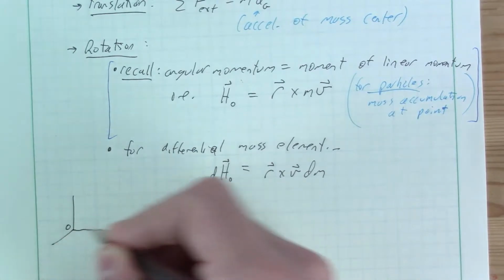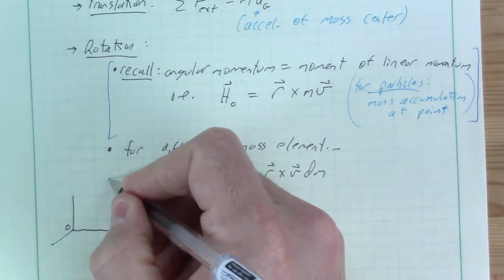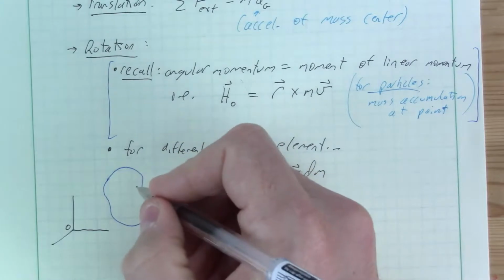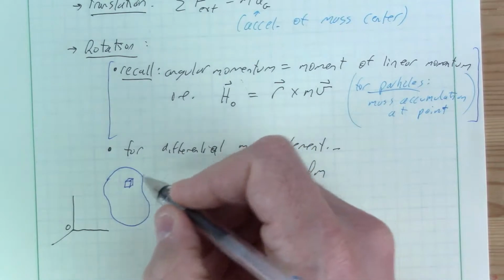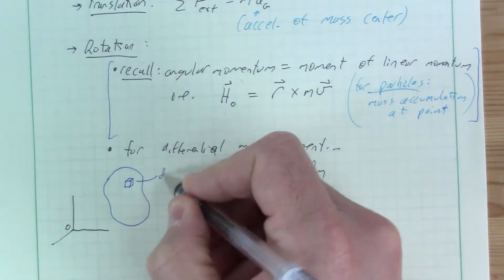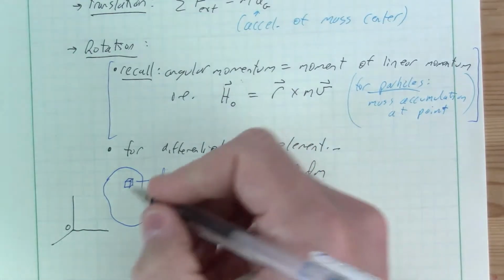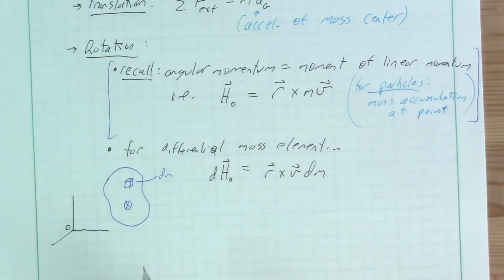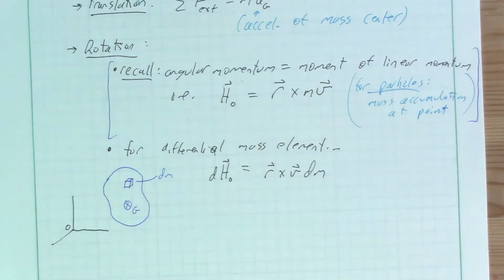Say our coordinate system is down here, and let's draw our shape. It's composed of a whole bunch of these differential mass elements, little cubes, because we have a Cartesian coordinate system. There's dm. This shape will also have a center of mass. Maybe there's heavier mass down here, or more volume into and out of the page that pulled it a little downward, but regardless, let's say the center of mass is there.